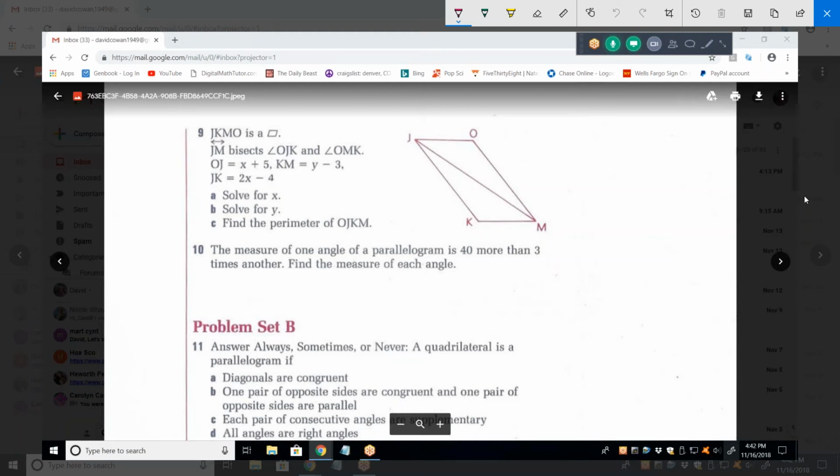OJ is equal to x plus 5. KM is equal to y minus 3. And JK is equal to 2x minus 4. Solve for x.